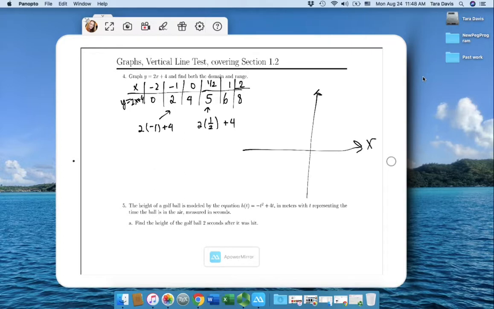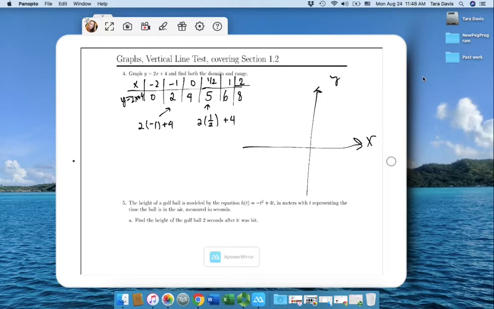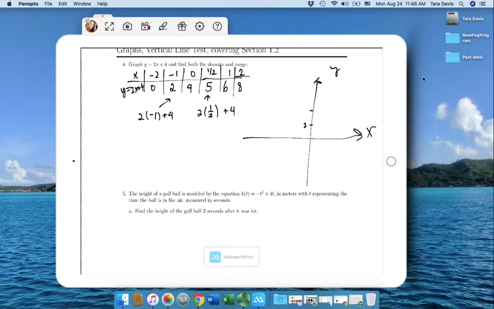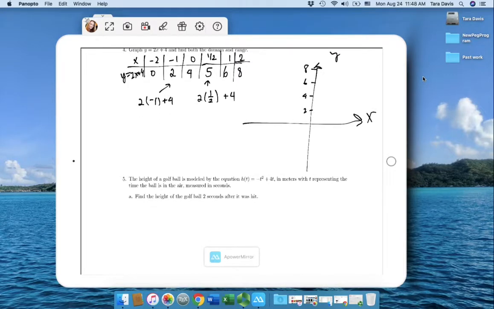So here's x and y. I need y to go up to 8. So let's count maybe by 2. So 2, 4, 6, 8. And then for x, I can just count by 1s because that's how I chose it.